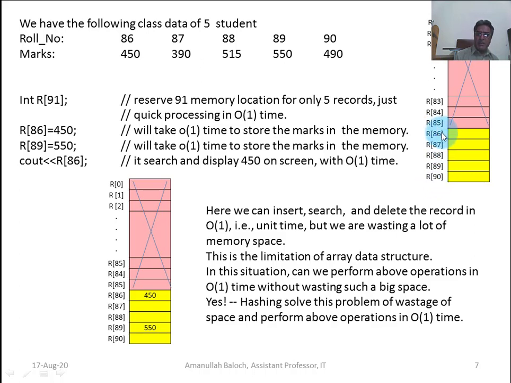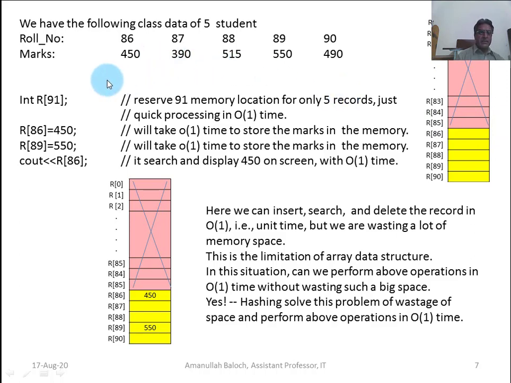Arrays have consecutive memory locations, and start from index 0 and go onward up to the required index limit. Because we need the last 5 indexes, but for utilizing these 5 indexes, we have to reserve the memory locations from 0 to 85, and this is actually the wastage of array.